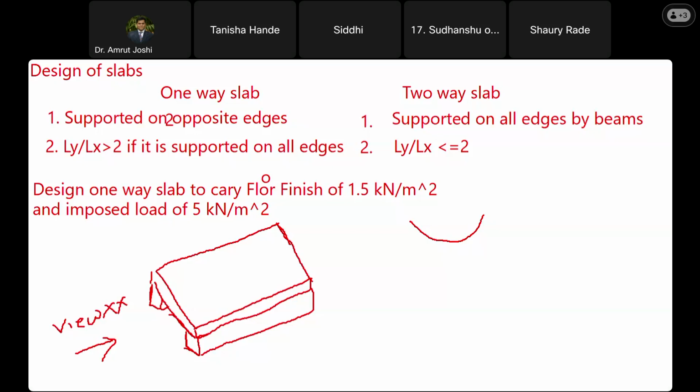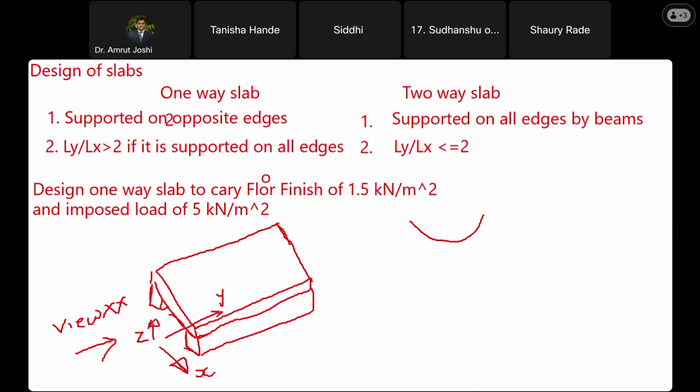Let me also give the nomenclature. Let me call this X. Let me call this dimension Y and the vertical direction Z. Are you with me? Yes, sir.